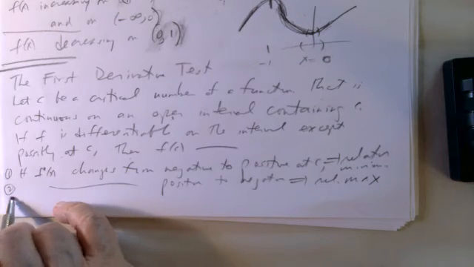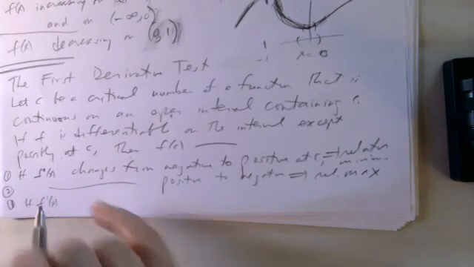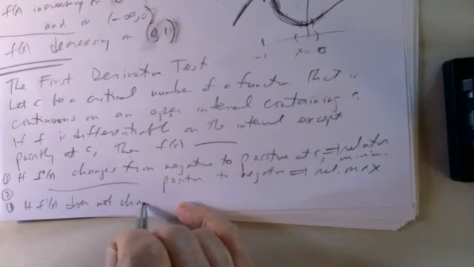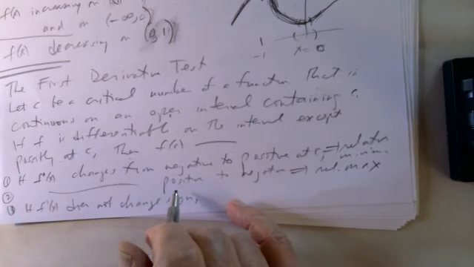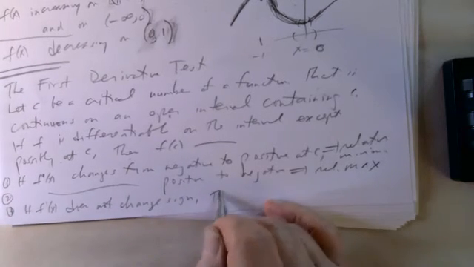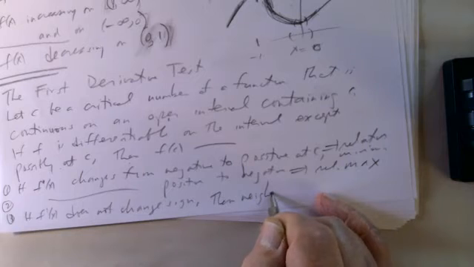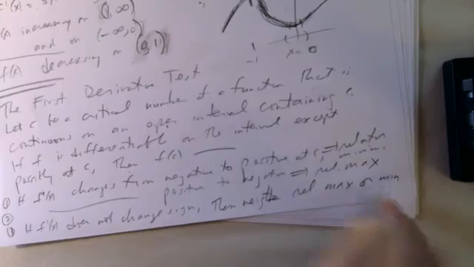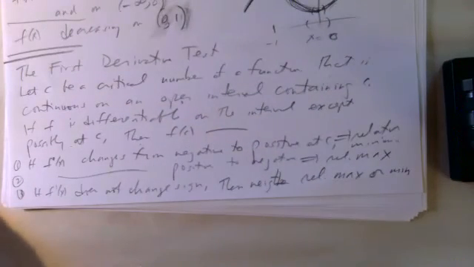And if f prime of x doesn't change sign, then you have neither a relative max nor a relative min. So if the sign of the derivative changes at a point, you have either a relative maximum or a relative minimum, depending on the direction of the sign change.